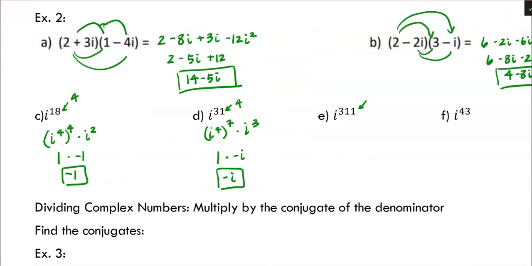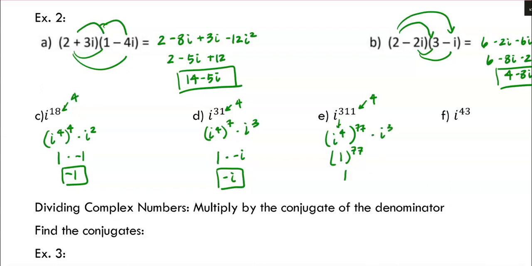Okay. How many times does 4 go into 331? It goes in 77 times. You could rewrite it like this if you wanted to. It doesn't really matter, but then we don't know what 77 is. So you can do 4 and 77, because basically what we're doing is this i to the 4th inside is going to become 1, and 1 raised to the 77th power is just 1.